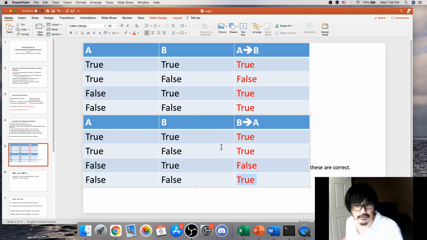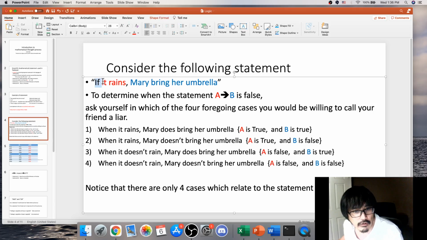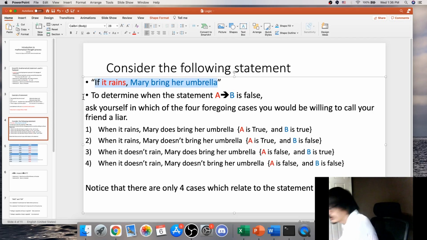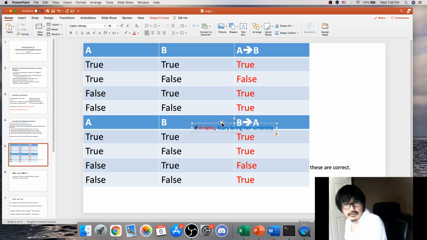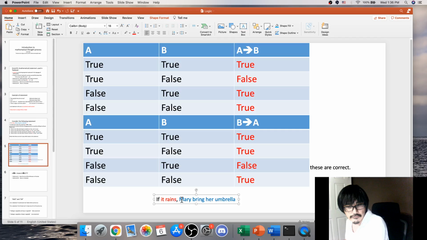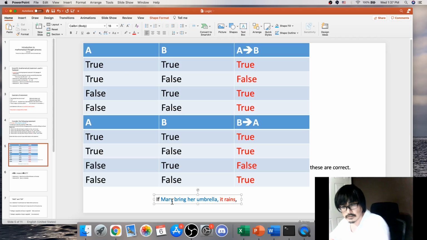But in the ongoing example here, if I change this statement to, for this particular case, if Mary brings her umbrella, then it must be raining.